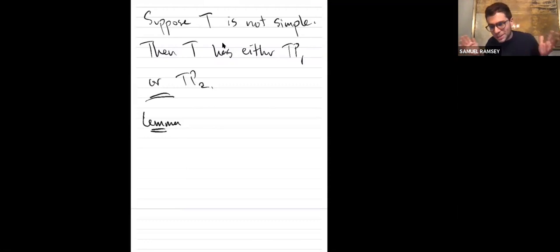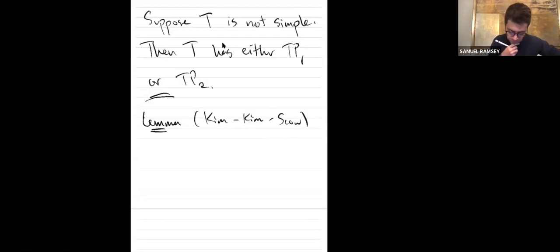This is why I wanted to do this class in a kind of slow way, because people make mistakes in almost every paper in which tree indiscernibles appear, because it's easy to miss some subtle thing. So this lemma was missing, and it was later noticed by Kim and Scow. So I'll attribute it. The theorem is due to Shelah morally, although I think the first complete correct proof was given by Kim and Scow only a few years ago.